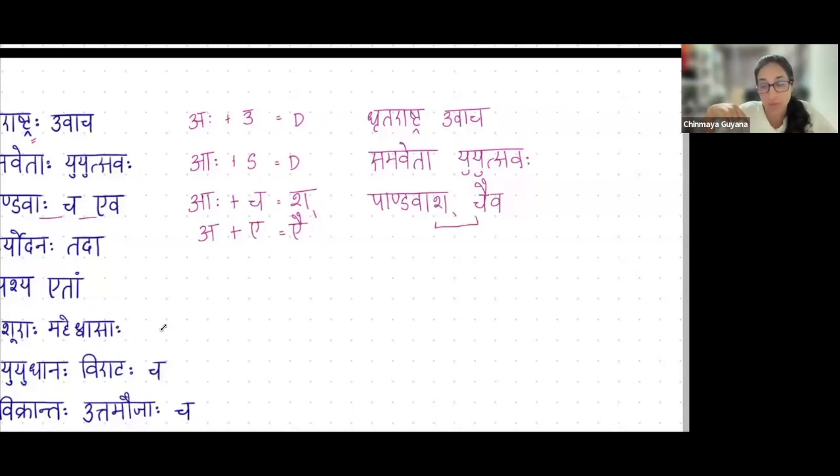The visarga wasn't dropped. It wasn't changed into a vowel, so the words have to be joined. So how are you going to write it as one word now? Pandavash che.